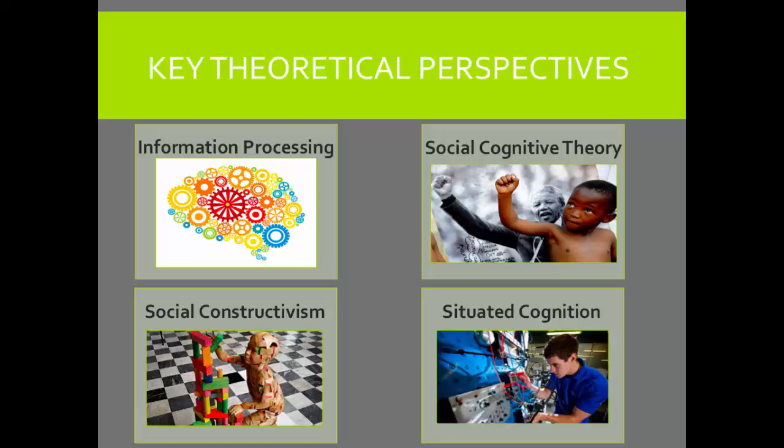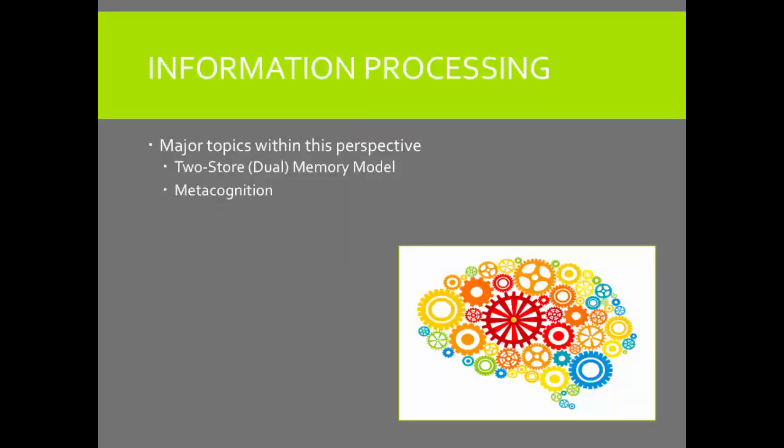So we will do a brief review of these 4 theories throughout the next 4 weeks of the course. And the first topic that we're covering this week is information processing. Then we'll move on to social cognitive theory, social constructivism, and situated cognition. So in information processing, there will be 2 major topics that we'll deal with, the two-store or dual memory model and also metacognition.